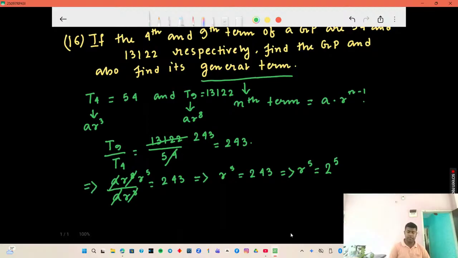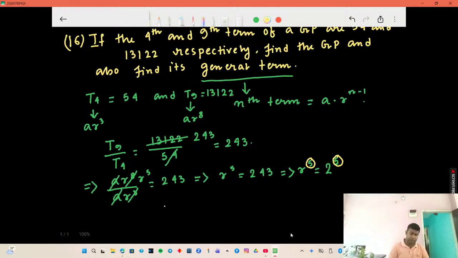Now we can see here that the powers of these equations are equal on both sides. In both sides the powers are 5. So according to a rule in exponents, we can say that if powers are equal, the bases are also equal.